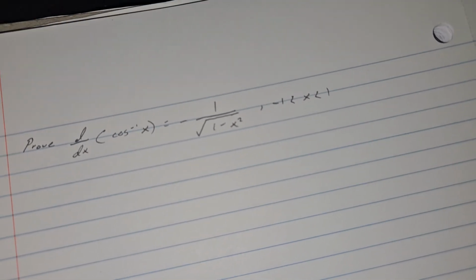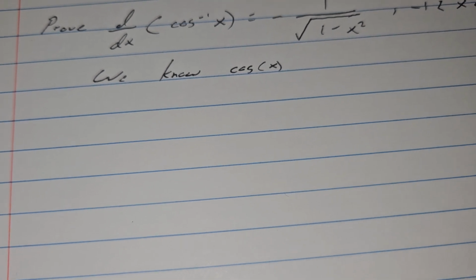So first of all, what do we know? We know that the cosine function, just a general function cosine of x, is continuous and differentiable. I'm just going to abbreviate it, continuous and differentiable.